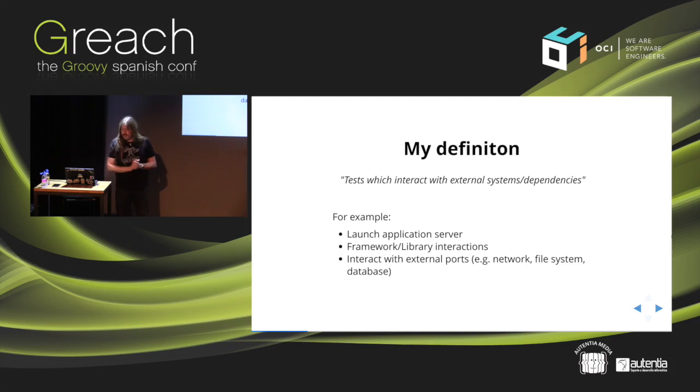And everything regarding things like Spring or Grails, every test which involves your whole framework, like the Spring framework or the Grails framework, that's something I'd consider an integration test. So testing your integration with the framework. And the classic examples are, of course, if you're testing real external systems. So if we're thinking of the hexagonal architecture pattern here, if we are interacting with the external ports. So for example, a network layer, the file system directly, or the database.